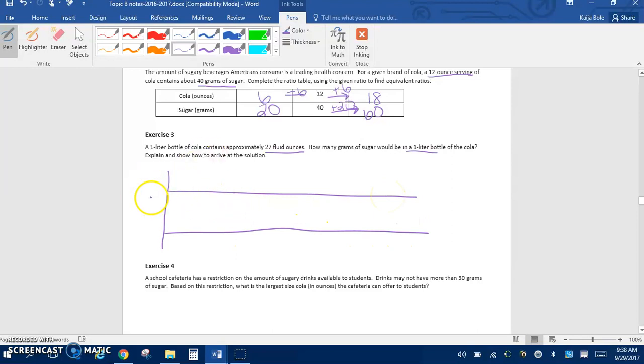So we need to label the top. The top is cola, which is in ounces, and the bottom is sugar, which is in grams. The first thing we can always put on here is zeros at the end of the number lines.